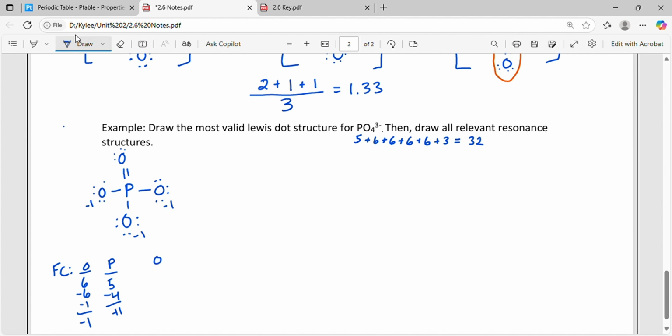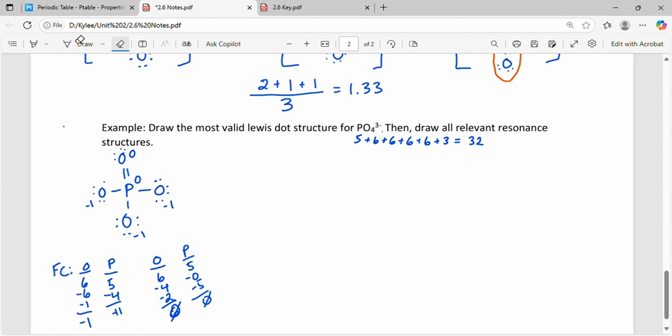The oxygen at the top, though, is going to be a 0 because we've got 6 valence electrons minus 4 lone pair electrons minus 2 bonds, 0. And then my phosphorus, because I have no lone pairs but 5 bonds, is now a 0. So just by making that one change, I've reduced the charge on each atom, or on 2 of the atoms, which makes this an overall more favorable structure.